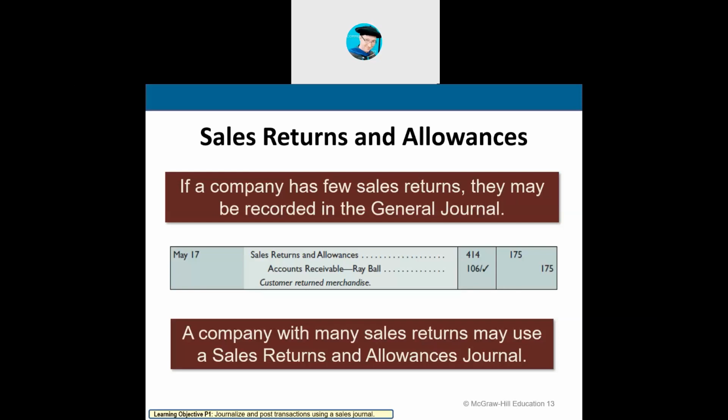That shows us that we're properly crediting the right customer's account. You don't want to just credit accounts receivable because you don't know who that belongs to. So make sure it's accounts receivable with that customer's name, the subsidiary ledger, right? Otherwise, you just credited the general account and you don't know who it belongs to. You don't want to credit someone else's account by accident.